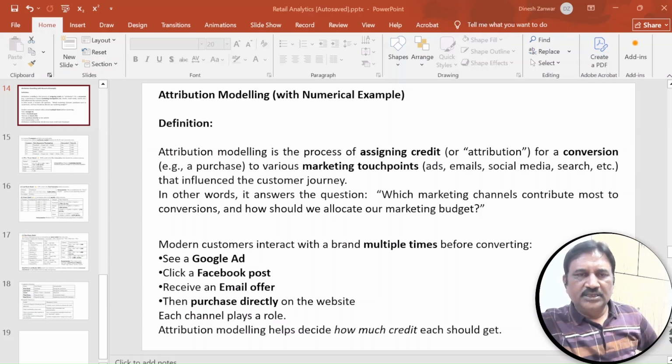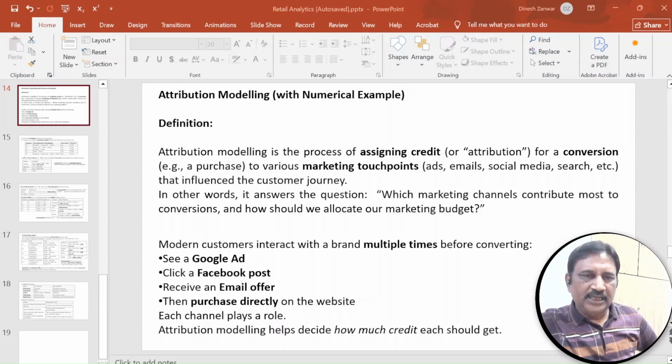In other words, it answers the question: which marketing channel contributes most to conversion, and how should we allocate our marketing budget, right?